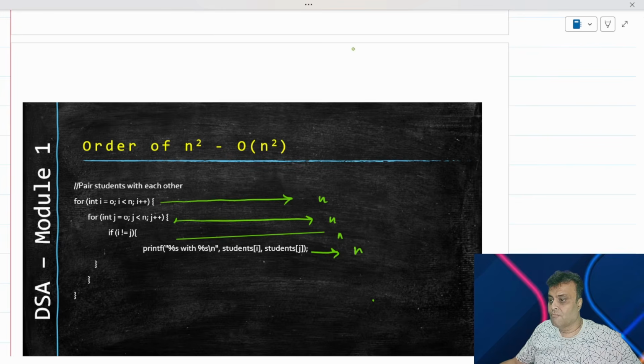Now, this line also executes, because it's a for loop, in an order of n. Right? So every time the outside loop enters, n times it enters, every time this inside loop executes for n times. That's why there is a multiplication sign.